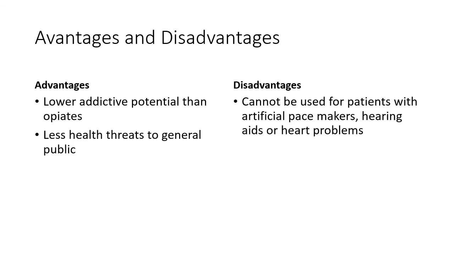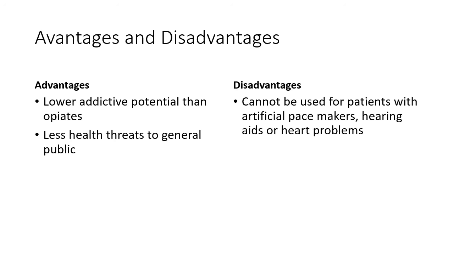Why is that so? Well, there are some advantages and disadvantages to electroanalgesia overall. The main advantage would be that there's a lower addictive potential than with opiates. Opiates were commonly used when treating pain because they would have the same effect on the first neuron by inhibiting the opioid receptors.